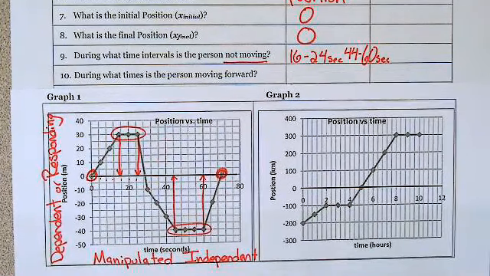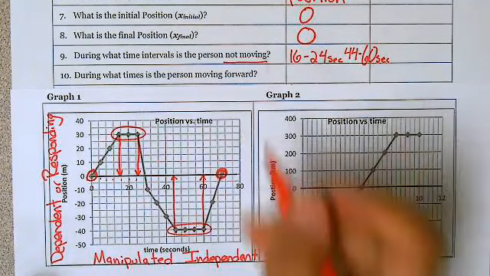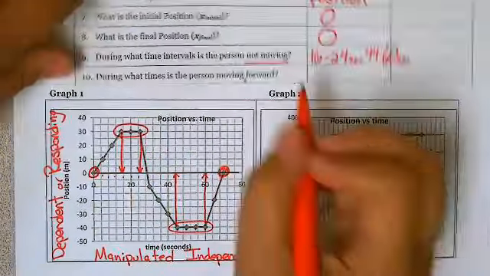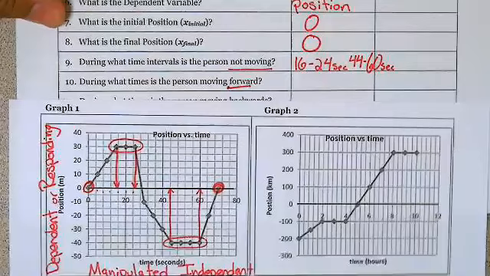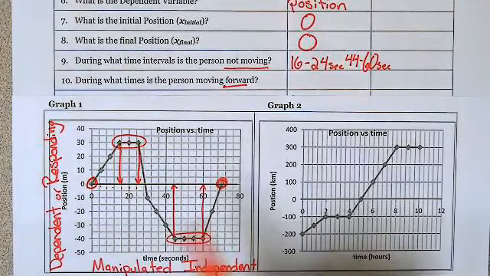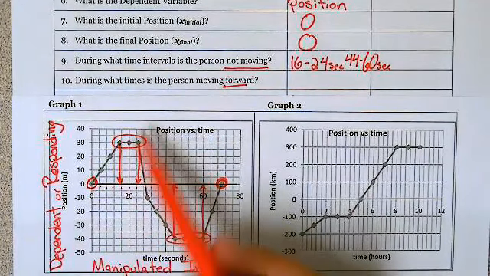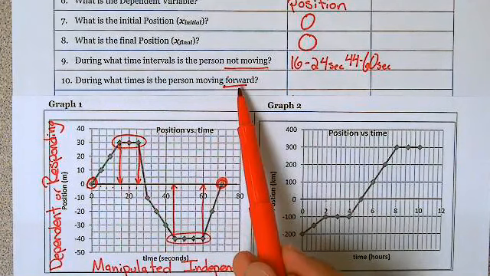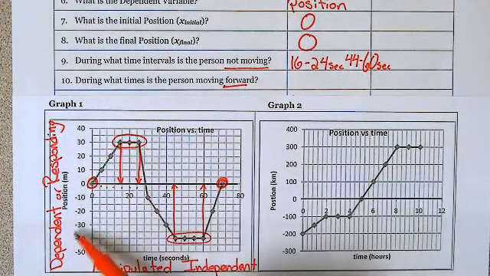Then it says, during what time interval is the person moving forward? A forward motion is represented on this type of graph as upward on the graph. So forward equals upward on a position versus time graph. So we're moving forward here.